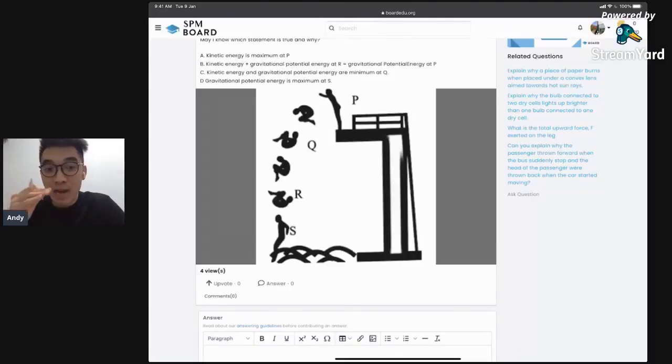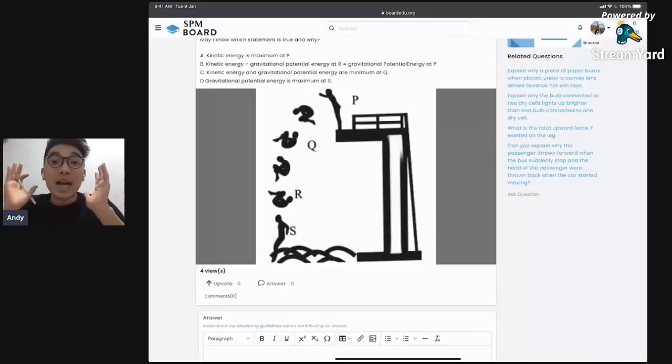So it is still halfway through. So the potential energy is there, and it has a combination of kinetic energy as well. So B would be a very good statement because it adds up to the total. Okay, it adds up to the total where it equates to gravitational potential energy at P.